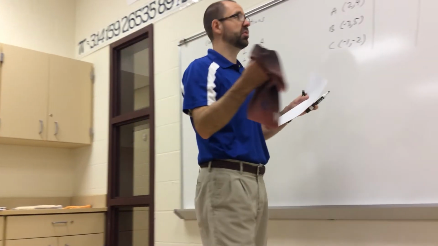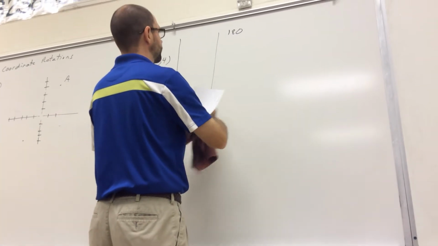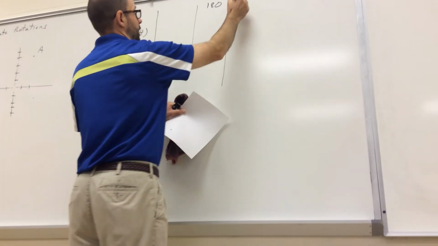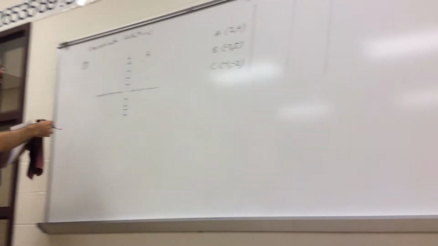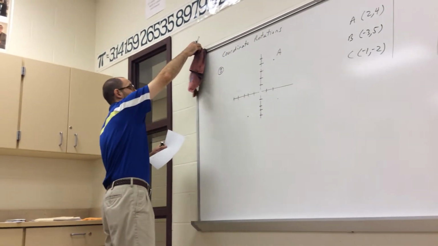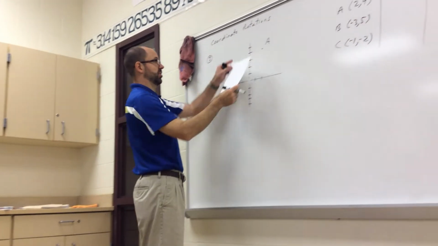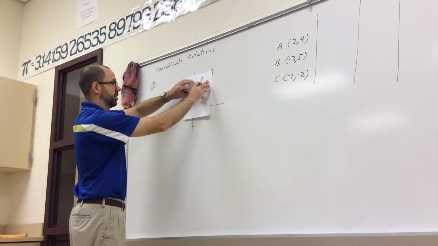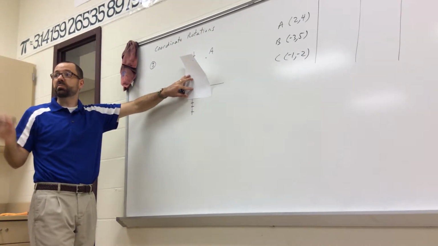Okay, now we're going to do 270. Okay, so back to original. 270 is 90 plus 90 plus 90.